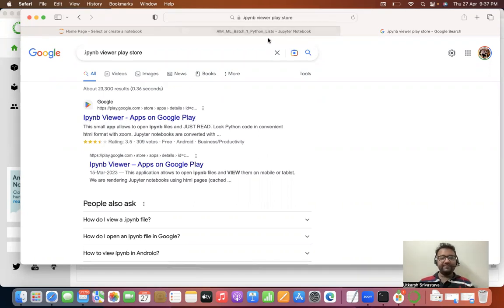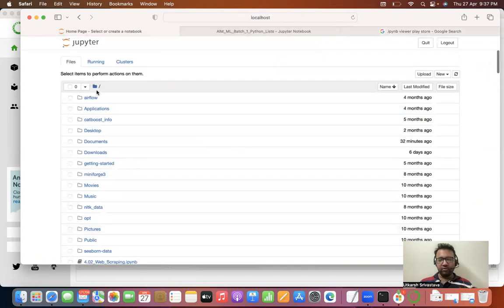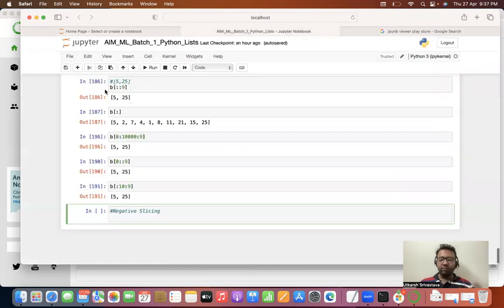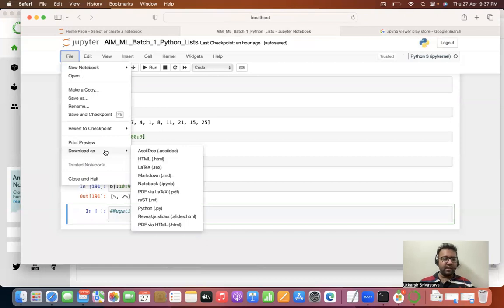All right, no worries. The best way I'll tell to view notebooks on a phone: no need to download any app. Just click on File, go to Download as, and click on .html.